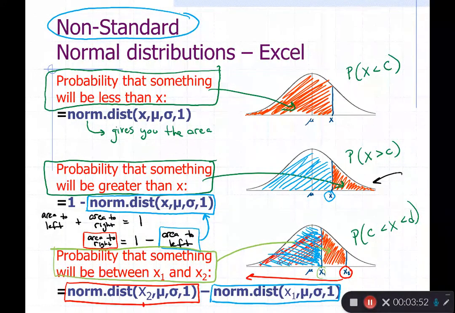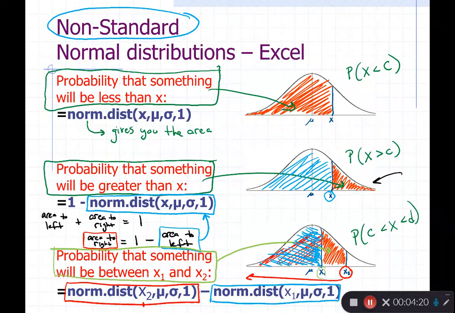Now, if we're working with the standard normal distribution, or if we're working with z-scores instead of x values, there is one similar function that we could apply in the same three ways: to the left, to the right, and between. So if we have the standard normal distribution, which is going to be on the next slide, every standard normal distribution has the same mean.